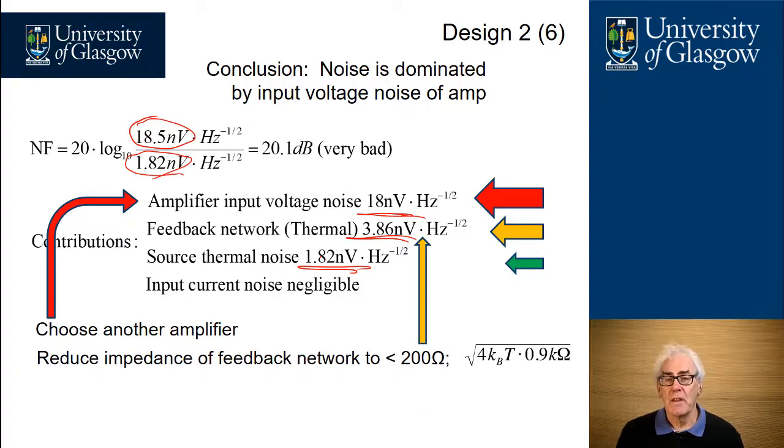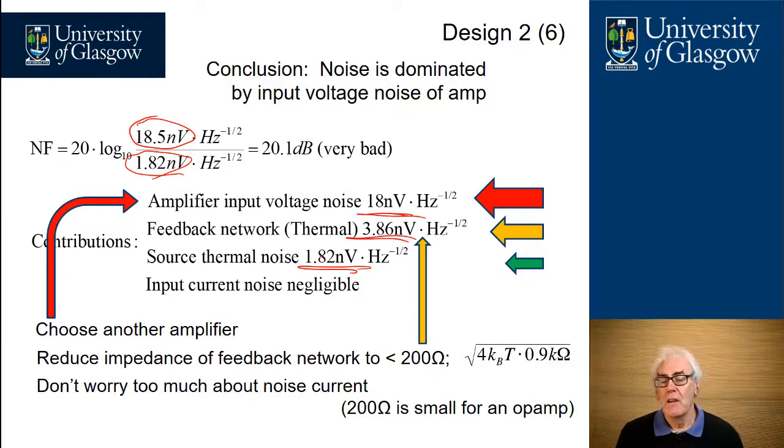And to look at the feedback network noise performance, we will look at reducing the effect and impact of the feedback network on the overall noise performance. Noise current, because it's only flowing into a 200 ohm resistance, a very low impedance, we can probably ignore, but we'll still do the calculation nevertheless. Now let's do the analysis and find out what the numbers look like in improving this noise design overall.